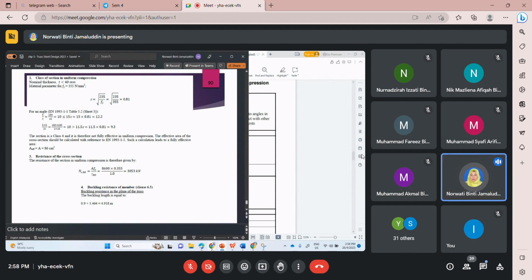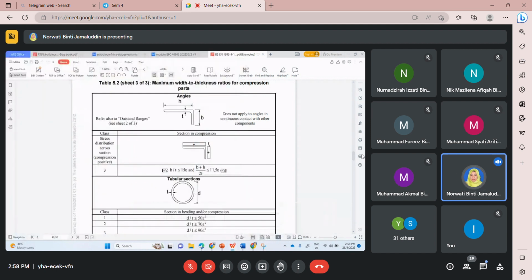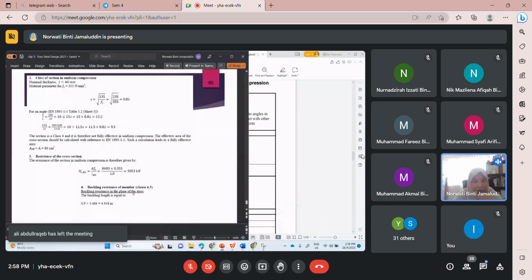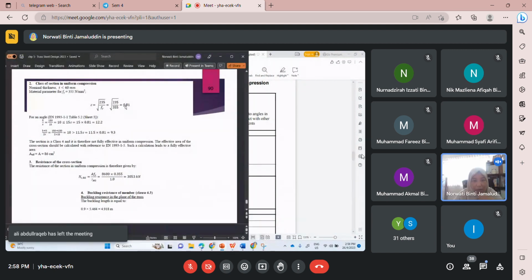Compare with 15 epsilon, where epsilon is 0.81. The value of 15 times epsilon is 12.2, still bigger than 10. So the first assessment passes.